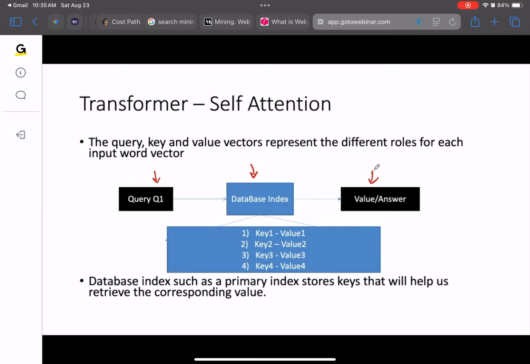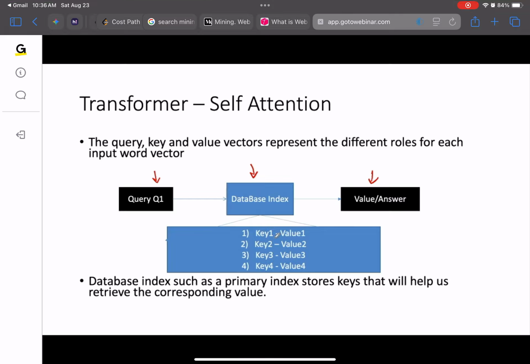The database index, such as a primary index, typically contains keys and values. Given the user's query, we try to see which key is relevant to this query. Once we find the relevant key, we retrieve the corresponding value against that key. That's how a database system typically works.